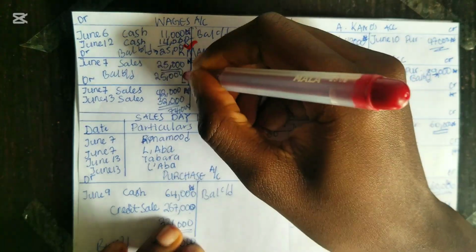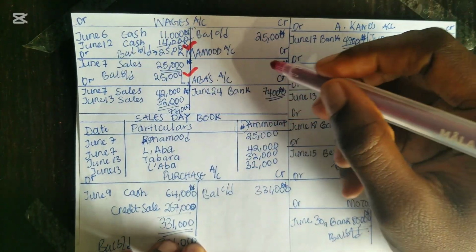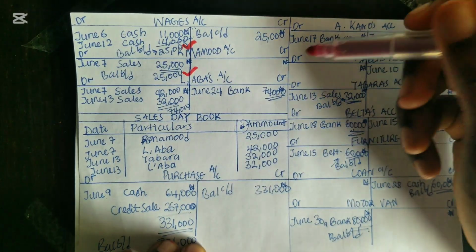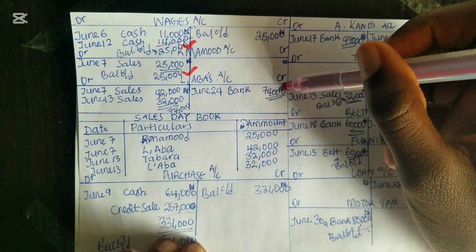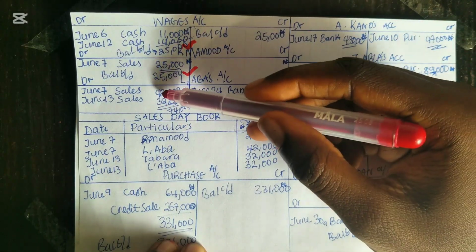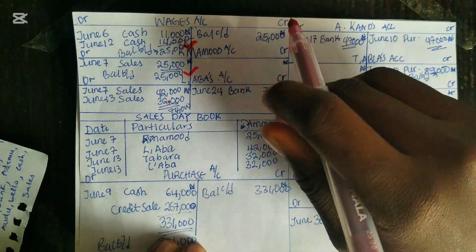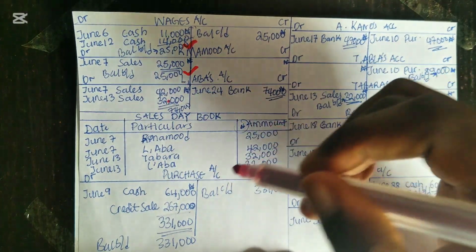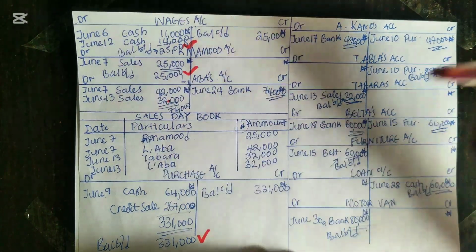Mahmoud's account, balance brought down, is going. El Abbas account, there's no balance brought down, because here was credited with 74,000, here was 42 plus 32, which is what? 74, so it's not going.